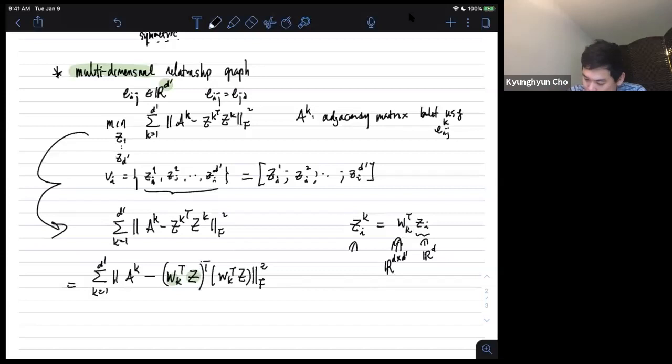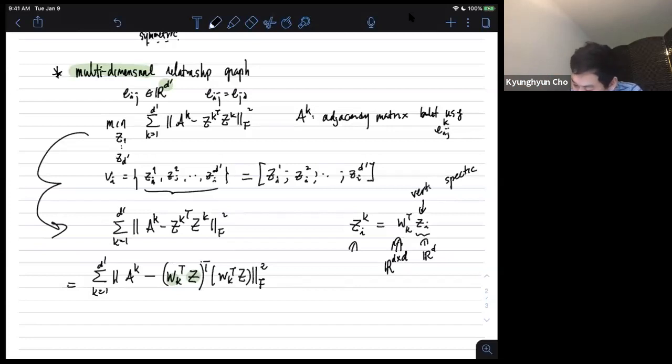Yes, I'm sorry, that should be: this W_k is a d by d matrix that is going to transform the Z_i, the d-dimensional vector. So this is going to be vertex specific. I'm sorry, I'm just messing up too much.